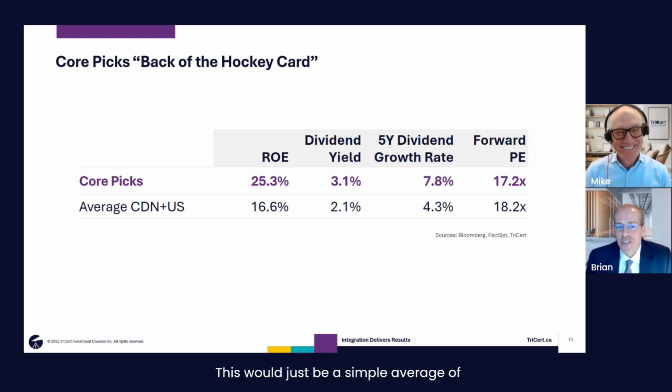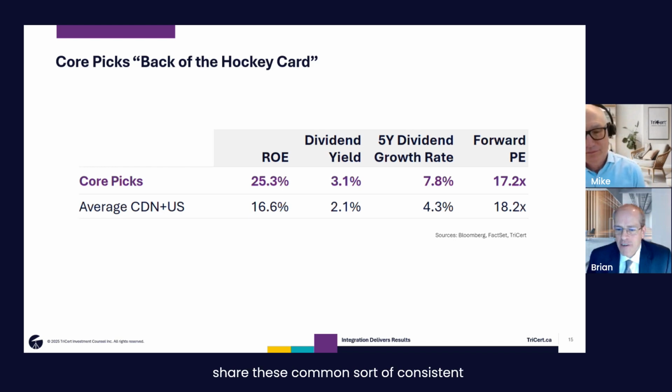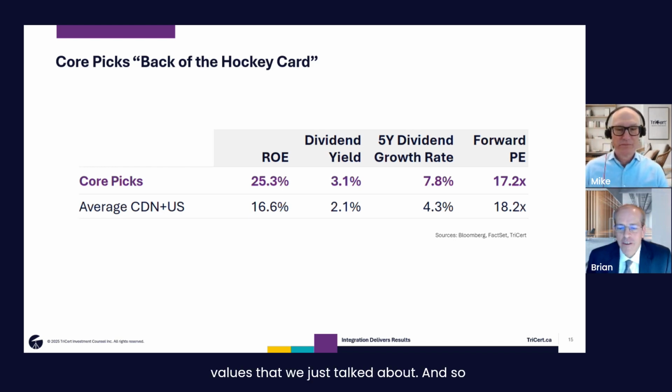This would just be a simple average of our core pick list of ideas that our portfolio managers populate portfolios with, and they do share these common consistent values that we just talked about. And so I thought it would be useful just to see what that average looks like. The core picks average ROE right around that 25% mark, and then I compare that to a blended average of Canada and the US as the two marketplaces.